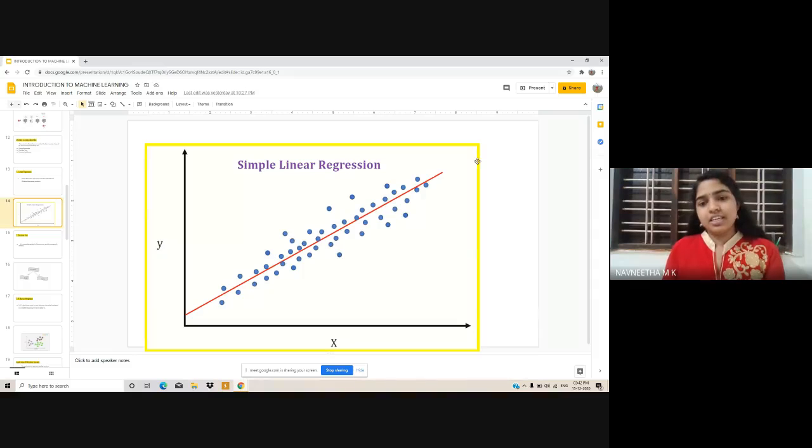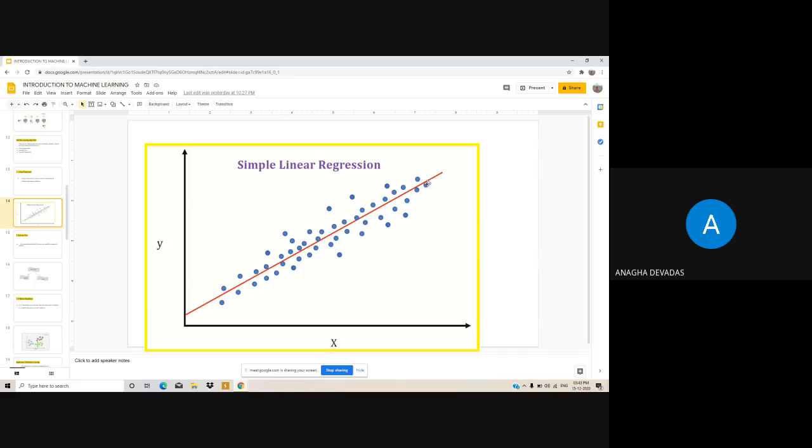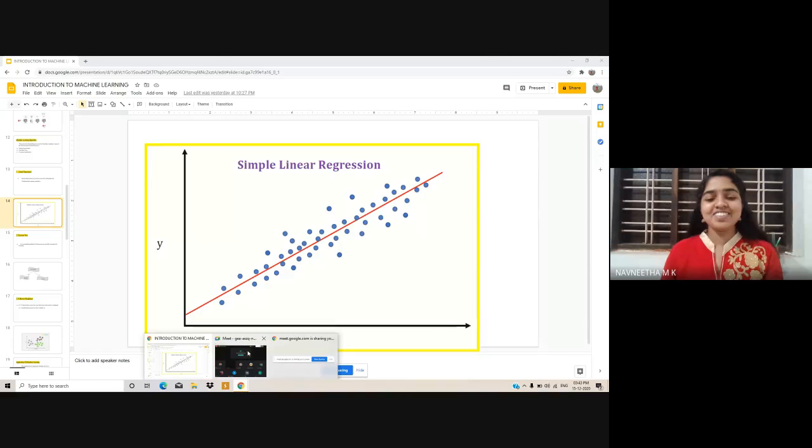With regression, if the data points are closest to the regression line, it is a good prediction. There is little chance of finding errors. If these data points are far from the regression line, the prediction is poor. There is a high chance of finding errors. Is it clear? Yes. Okay. Thank you.